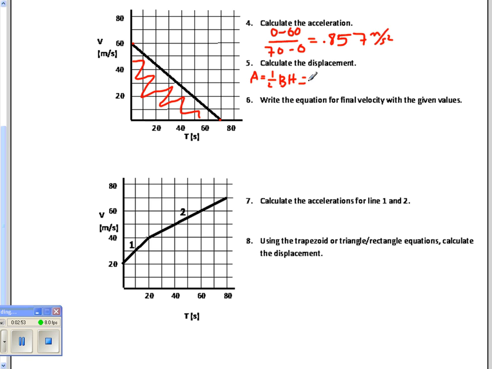So we have 1/2 times the base, which is 70, and our height was our rise. It doesn't matter that it's negative, so our rise is 60. You multiply that out, it's easiest just to put 0.5 as half times 70 times 60, and our area is going to be 2100.